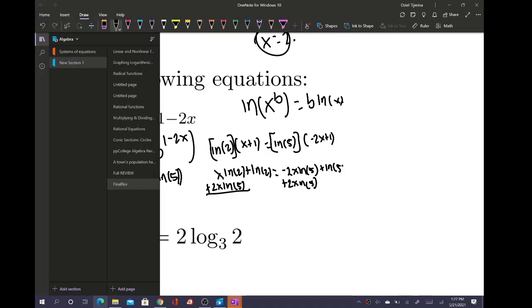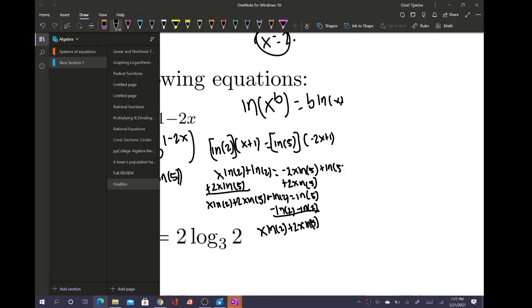So then it's going to be x ln of 2 plus 2x ln of 5 plus ln of 2 equals ln of 5. So you go ahead and subtract ln of 2 on both sides, and you get x ln of 2 plus 2x natural log of 5.